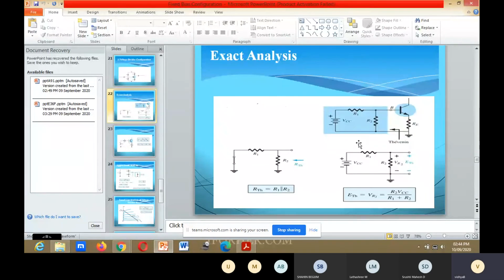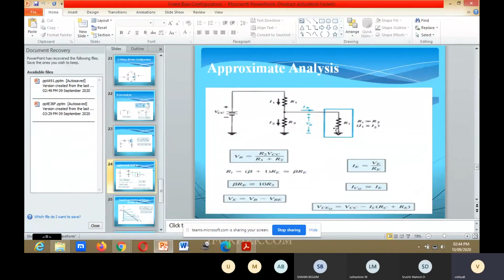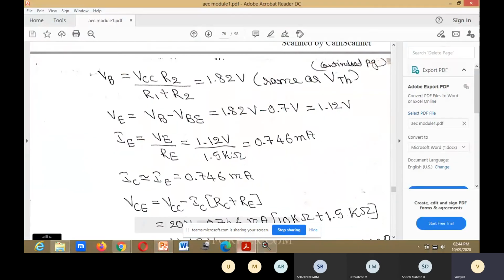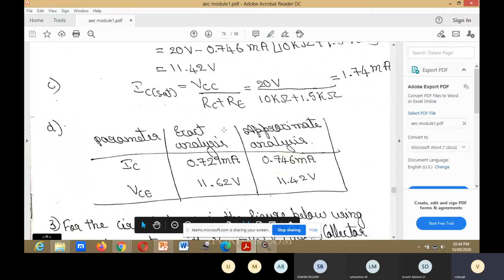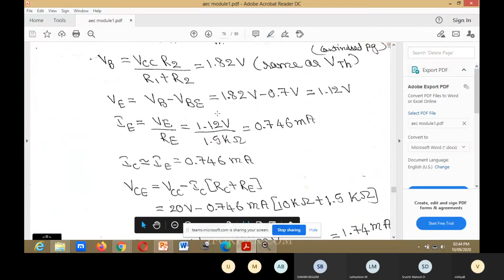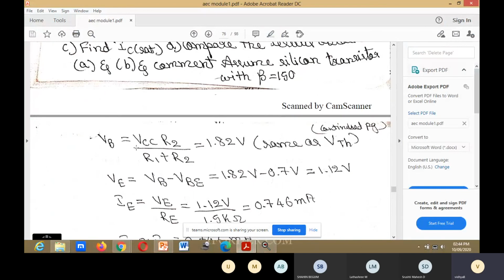Exact analysis has some formulas, and approximate analysis has these formulas. By using those two formulas you need to solve. First, VB is equal to VCC times R2 divided by R1 plus R2.